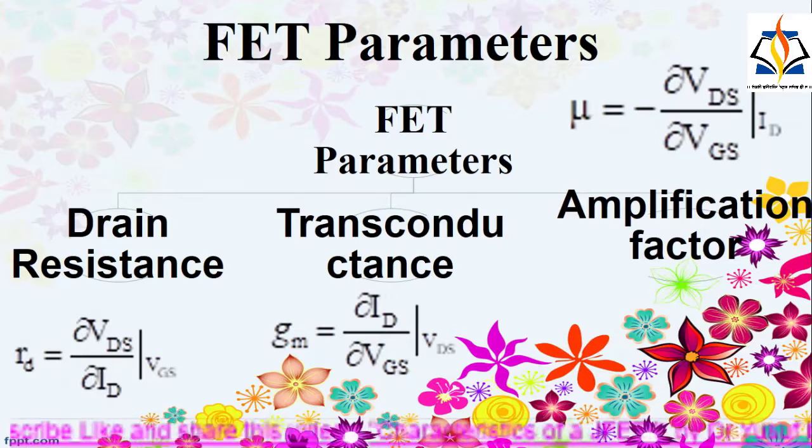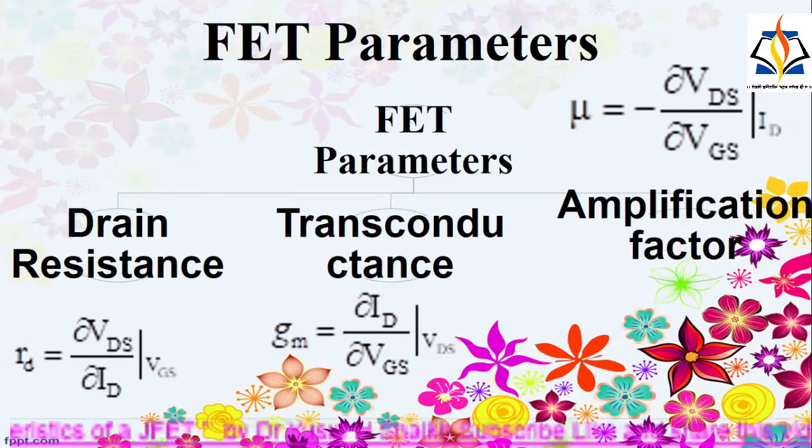The transconductance calculated at ID equal to IDSS is called GMO. Now, the third parameter, amplification factor. The amplification factor of a FET is defined as the ratio of change in the drain source voltage to the corresponding change in the gate source voltage at constant drain current.